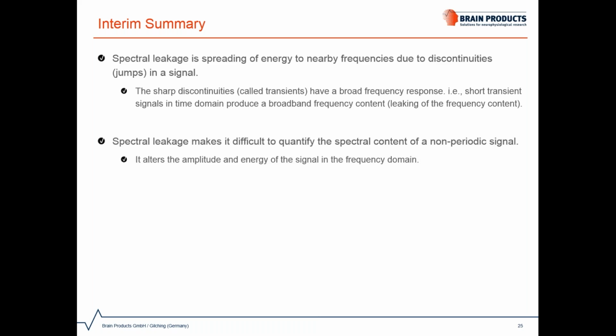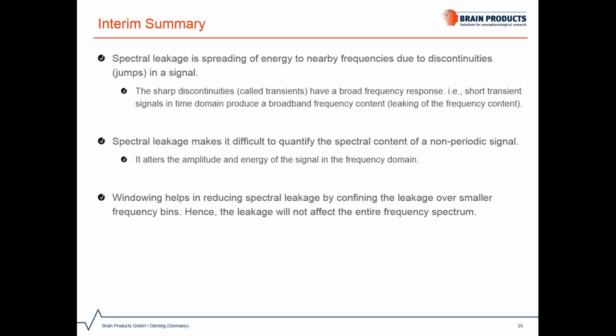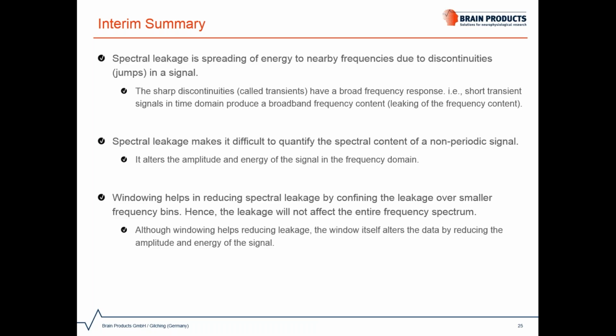The consequence of spectral leakage is that it makes it difficult to quantify the spectral content of the input signal, because it alters the amplitude and energy of the signal. Spectral leakage cannot be fully eliminated, but can be reduced with the help of windowing. Although windowing helps reduce leakage, it's also important to be aware that not only the energy, but also the amplitude of the data will be altered.